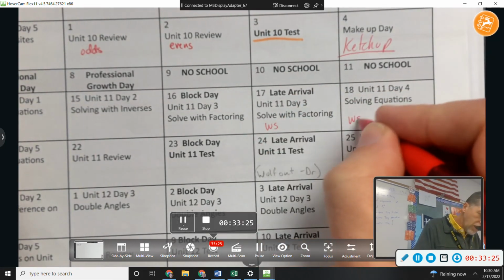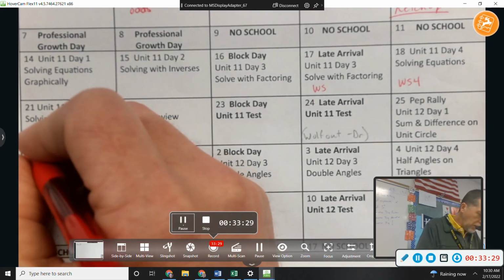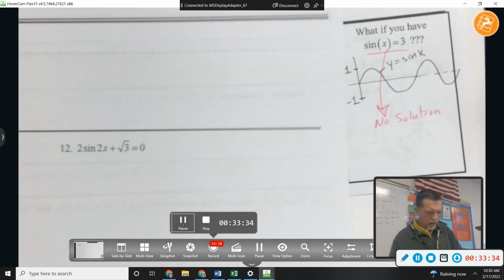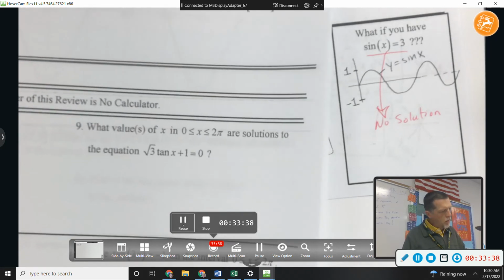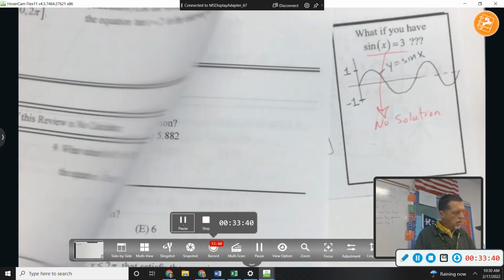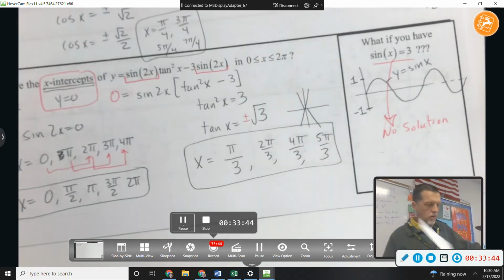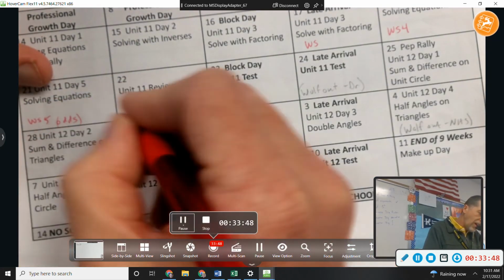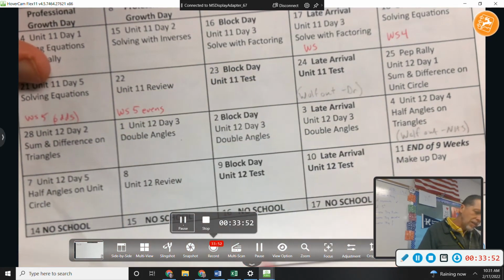Tomorrow is worksheet 4. Monday will be worksheet 5. But worksheet 5 is the last worksheet, I think. It's kind of a long worksheet, so you can start thinking worksheet 5 odds on Monday and worksheet 5 evens on Tuesday. Something like that.